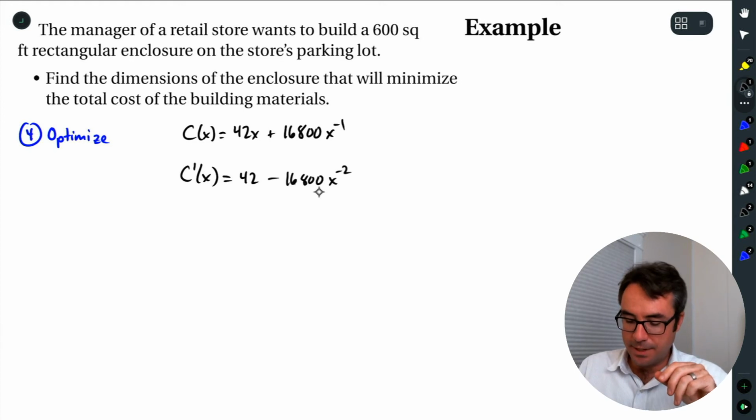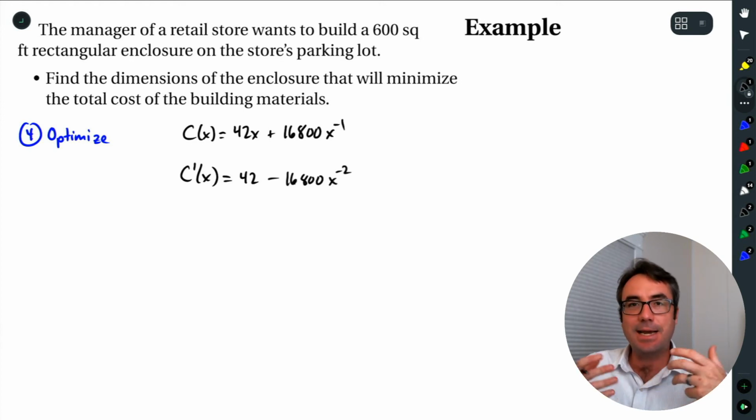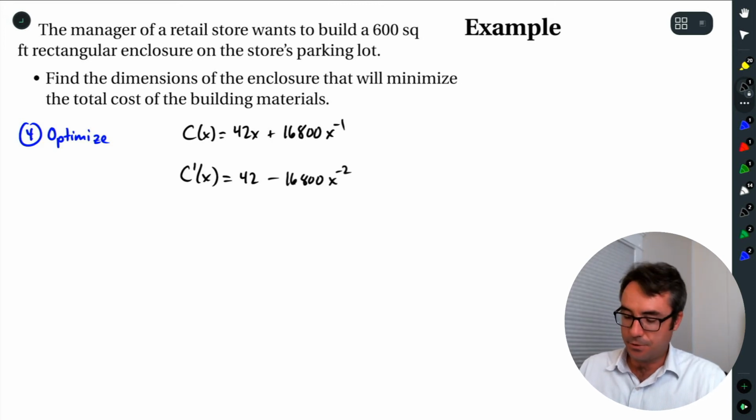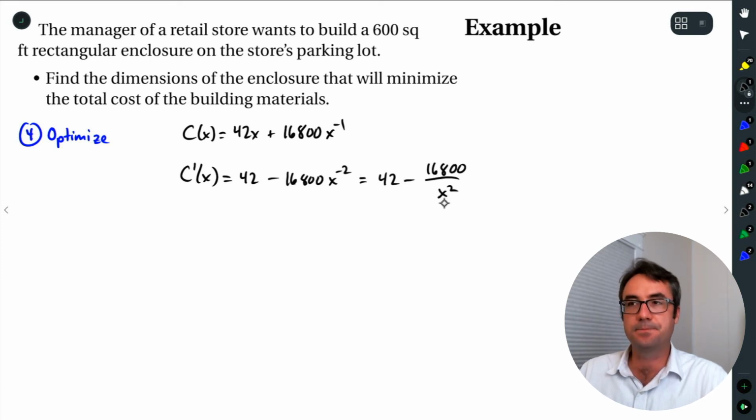Right now we see this term with a negative exponent. To make this easier to work with, it might be helpful to write this as a single fraction. So instead of a negative exponent, let's write this back as a fraction: 42 minus 16,800 over x squared.